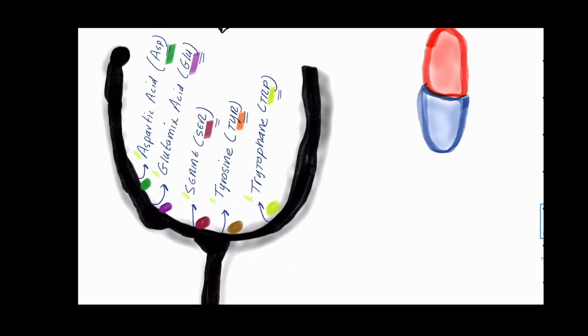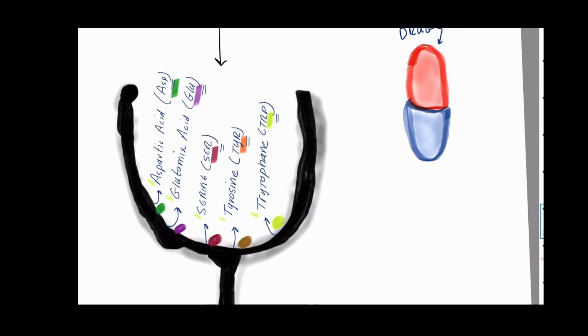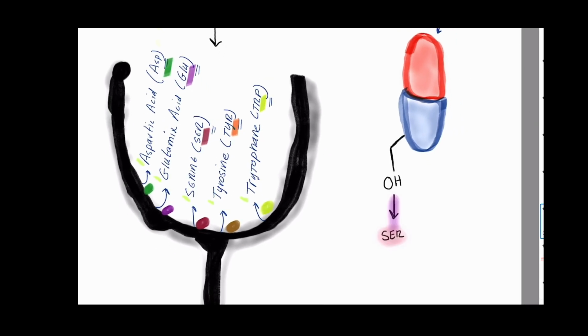So let's look at one modification that might take place, and we've talked about this quite a bit, which is hydroxylation. Whenever we have hydroxyl groups, they like to form bonds with serine. So if we have a ligand pocket that is robust with serine amino acids, then we know that the drug is going to interact and form some type of bond, whether it's an ionic bond, a hydrogen bond, or a van der Waals forces bond.